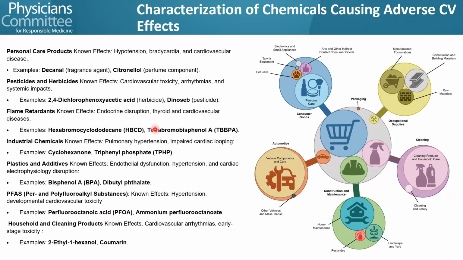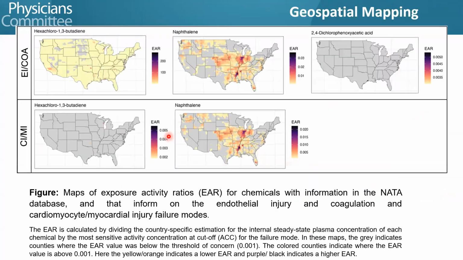And then I searched them in the literature to see whether or not these chemicals have any known CV effect, and these are the known CV effects that I could find. And again, we also applied another NAM-based approach, which is called geospatial mapping.